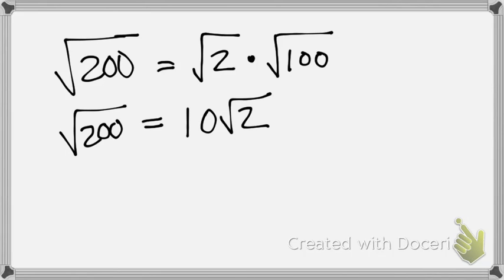Okay? Now your calculator should tell you that if you change a setting on it. Everybody just put in the square root of 200 in your calculator and let's see.